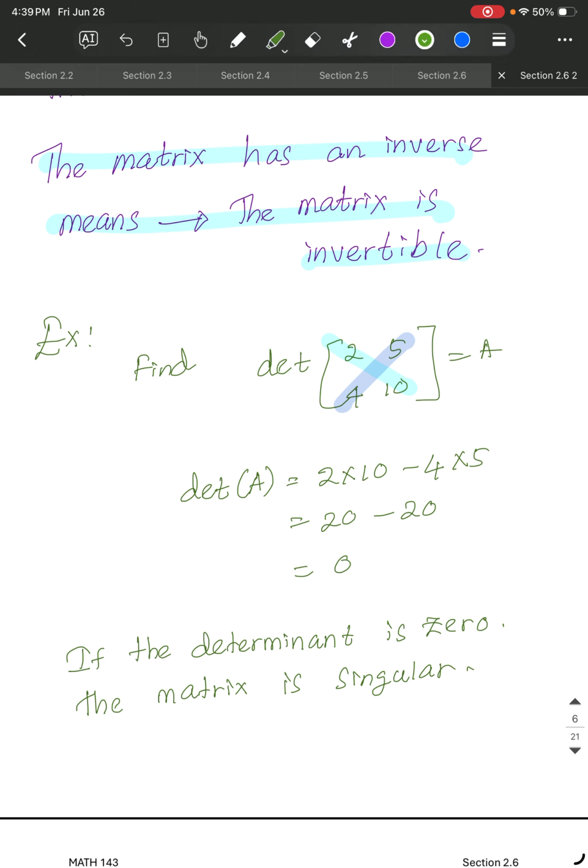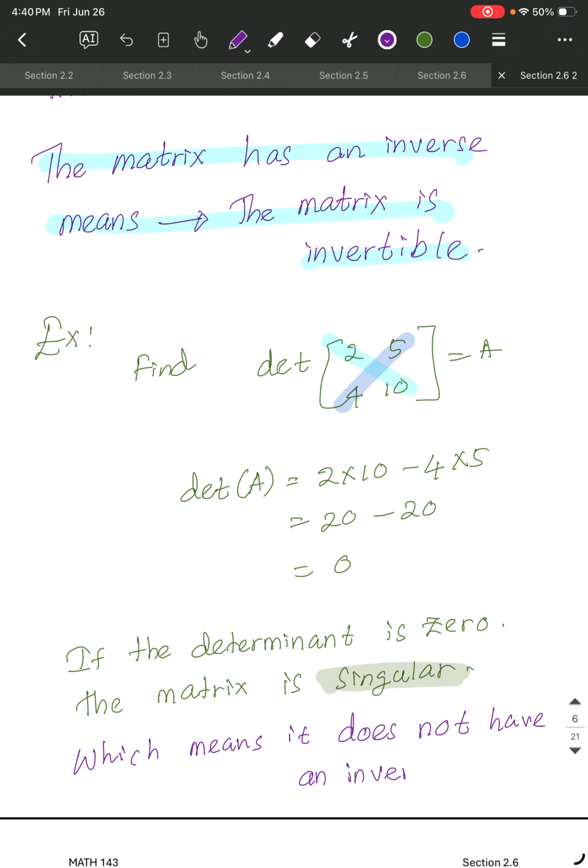The matrix is singular, which means it does not have an inverse.